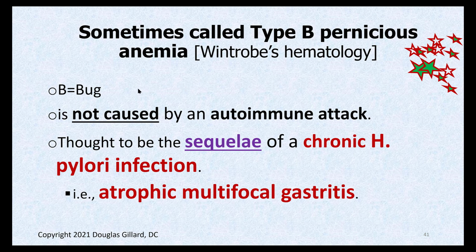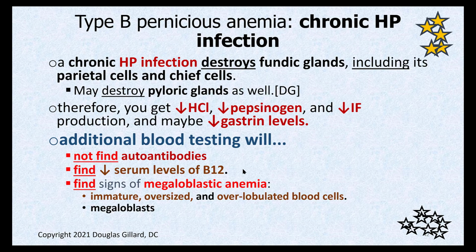So this is probably caused by the dreaded, the feared H. pylori infection. Most common cause of stomach upset is an H. pylori infection. That falls under a class called atrophic multifocal gastritis, which we'll talk about in the next lecture. So this is a bug infection of the fundic glands themselves.